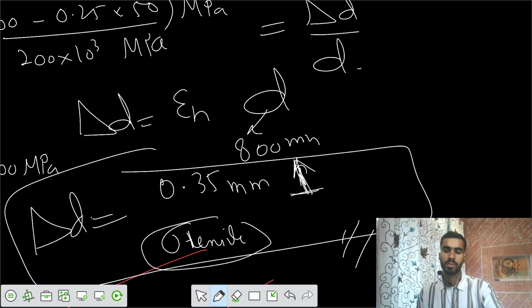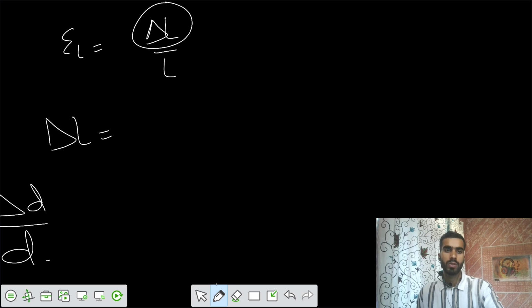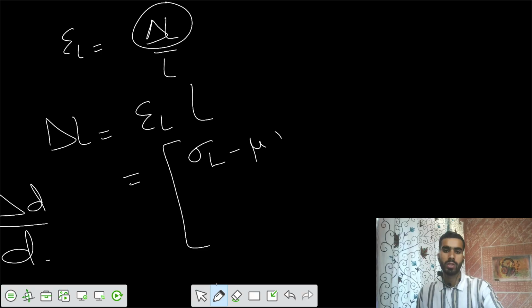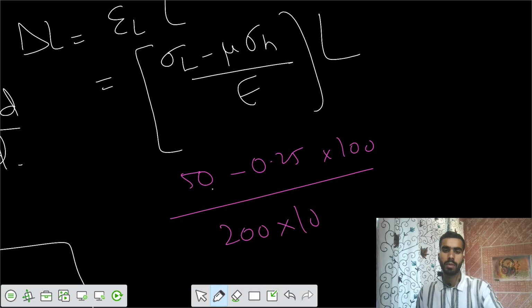Now the second one is the longitudinal strain, EL, which equals delta L by L. So we need to calculate delta L, which equals EL into L. The value of EL equals sigma long minus mu sigma hoop, divided by E. So this is (50 minus 0.25 times 100) divided by E, equal to 200 gigapascal.